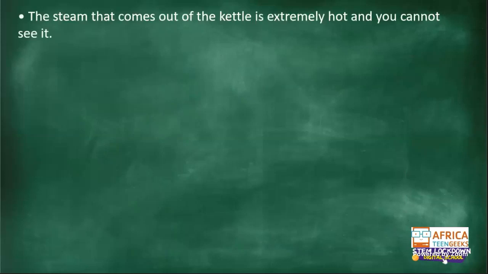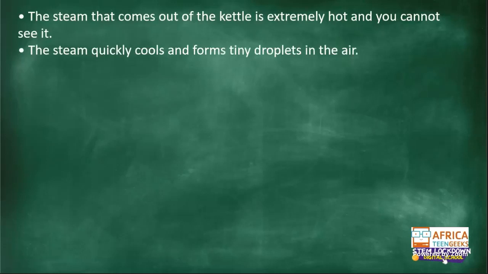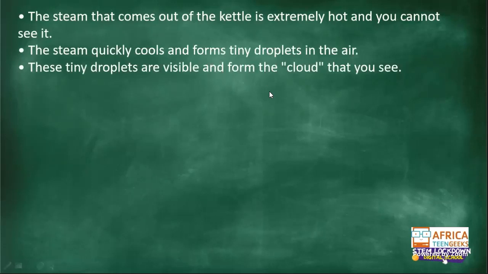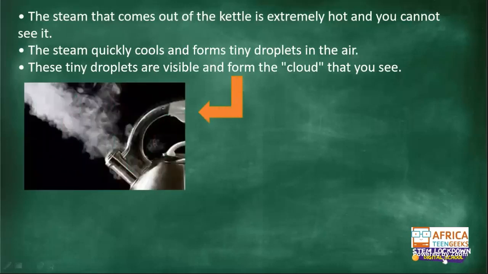Now let's go back to the experiment of the steam. The steam that comes out of the kettle, like we've already said, is extremely hot and you cannot really see the steam. Okay. The steam quickly cools. As soon as it leaves the kettle, it cools and it forms tiny droplets in the air, and these tiny droplets are visible and they form the cloud that you see.